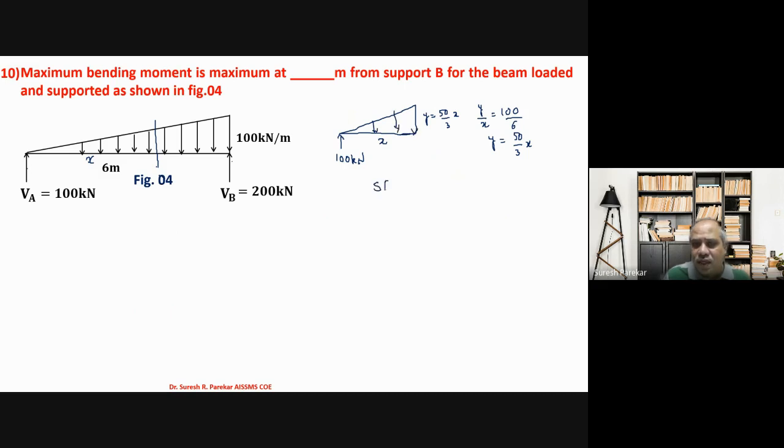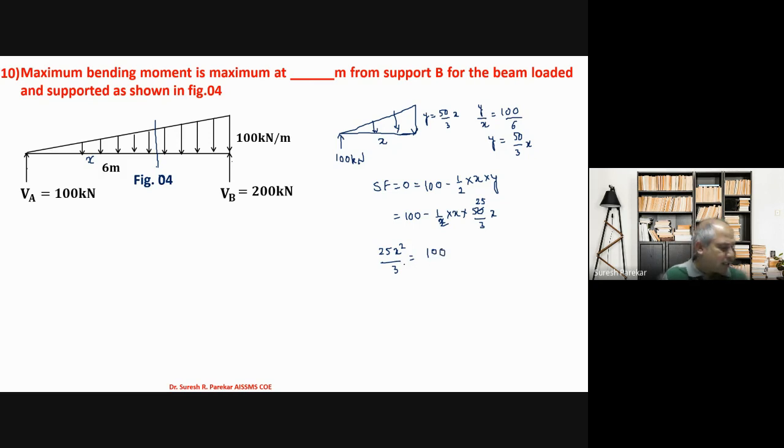So shear force equal to 0, which is equal to 100 minus half into x into y. If we put it in, 100 minus half into x into 50 by 3 into x, we will get 25x square by 3, and that is equal to 100.